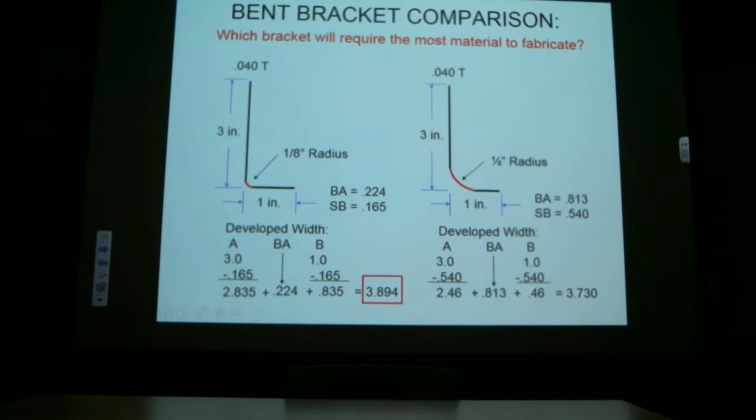You can rationalize that answer by asking yourself, did you have to push the material into a tighter corner when you were making the part? And if the answer is yes, it's going to require more overall material to make it. So again, whatever has the smallest radius in the selection of possible answers is going to give you the greatest amount of material required to make the part.